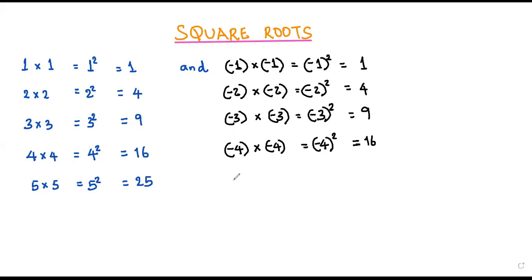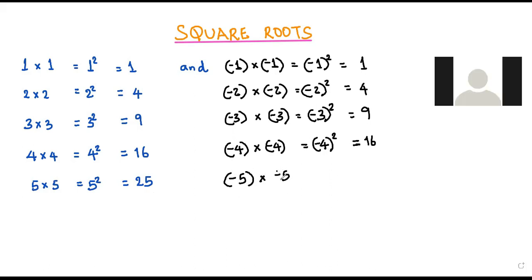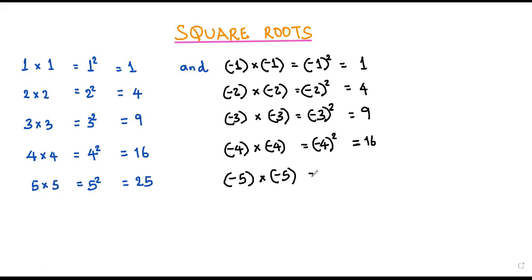If we have negative 5 times negative 5, we will get negative 5 squared. And this also will give us 25. So you see that 5 times 5 is the same as 5 squared and the same as 25.